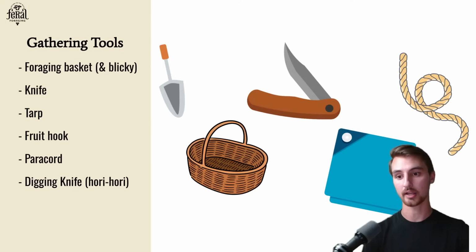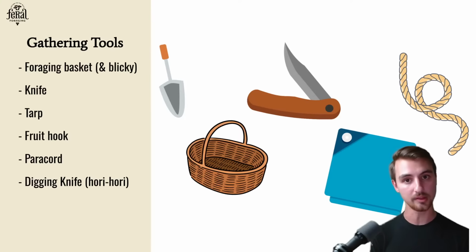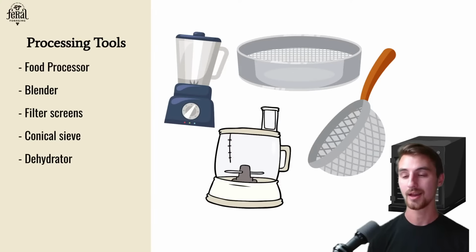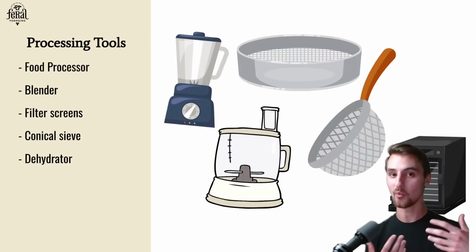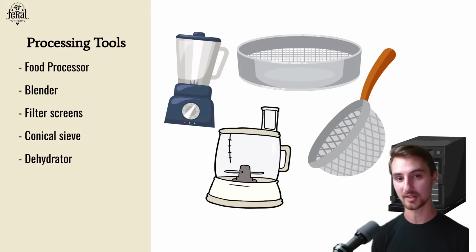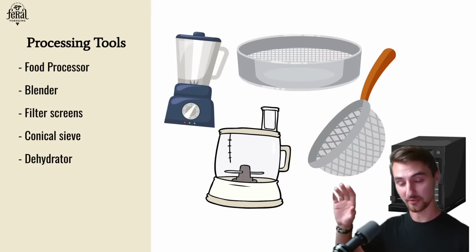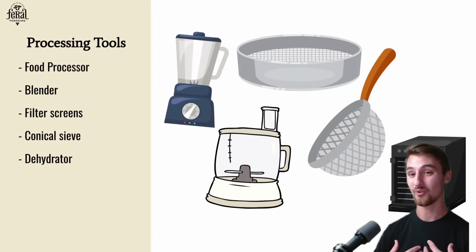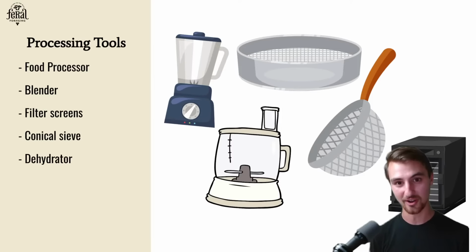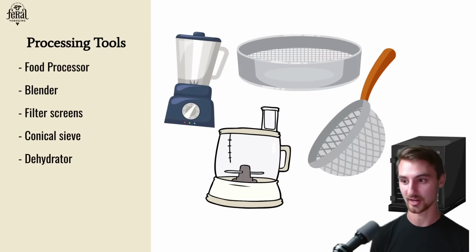Then I give you an overview of all the tools that you should use for foraging. I talk about important tools for processing, and I get way into the weeds of what I call the principles of wild food processing, because from that foraging compass we looked at before, one of my things that I love to nerd out on is wild food processing. It's one of my favorite things in the entire world.